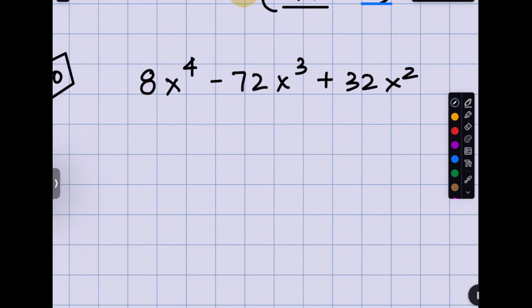Break those numbers down. What's 8? Do some factor trees. Start somewhere, right? So do a factor tree for 8, do a factor tree for 72 and 32. What's in common and what's left?